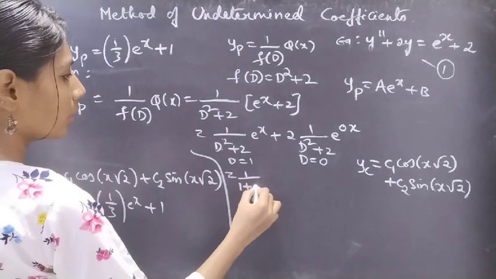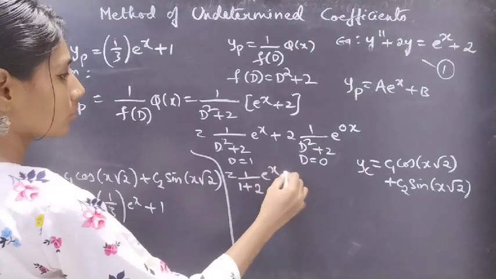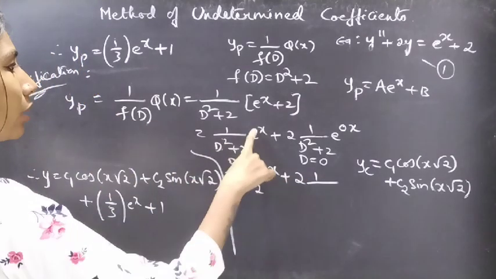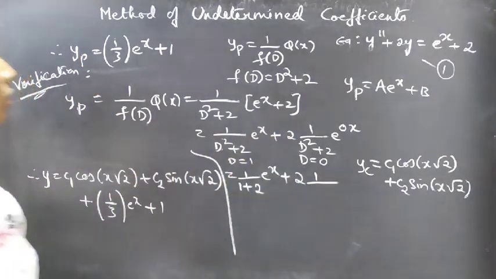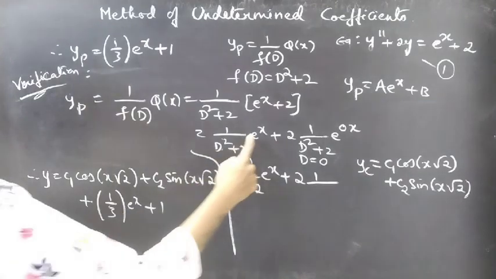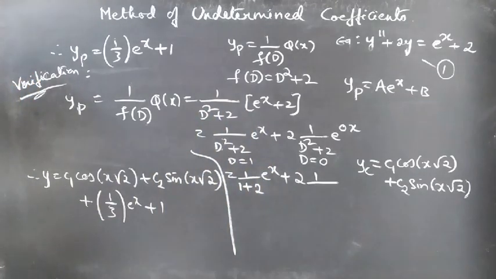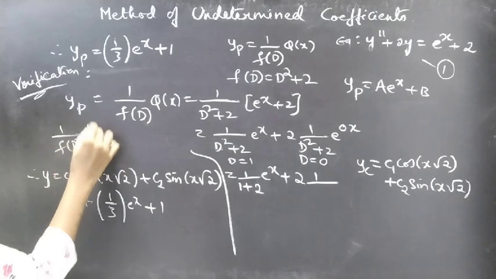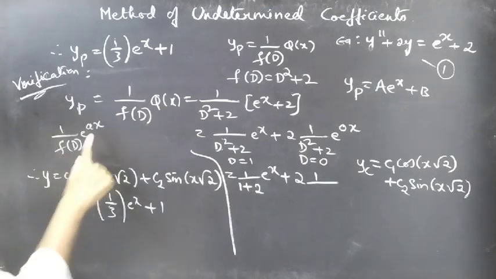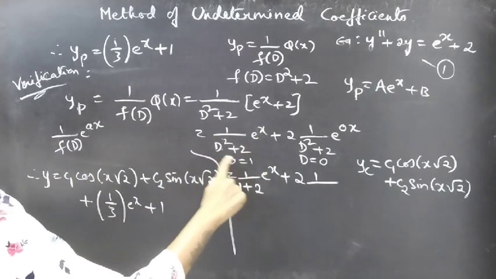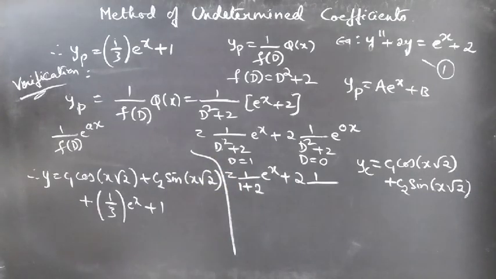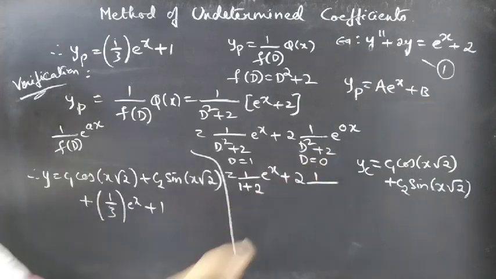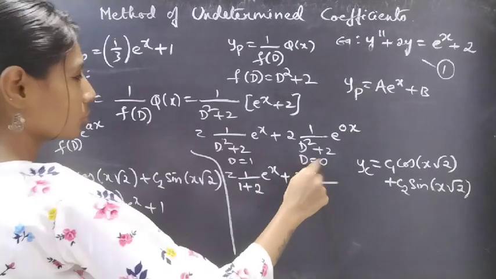So I'll get 1 by 1 plus 2 into e power x plus 2 by, you need to substitute the value of D. This is compared with 1 by f of D into e power ax. Then for a equal to 1, we'll substitute D equal to 1 here, and here, from e power 0x, we'll substitute D equal to 0.